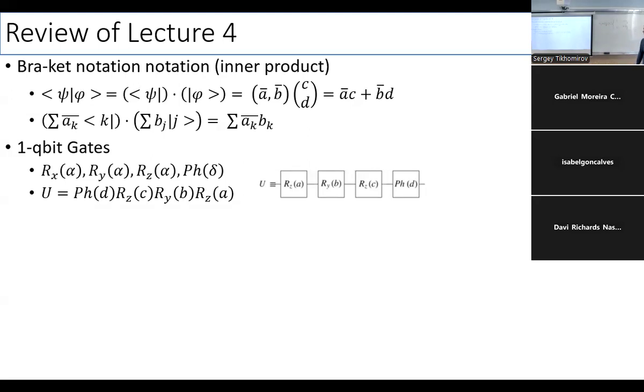The second thing we did: we discussed in general form one-qubit gates.